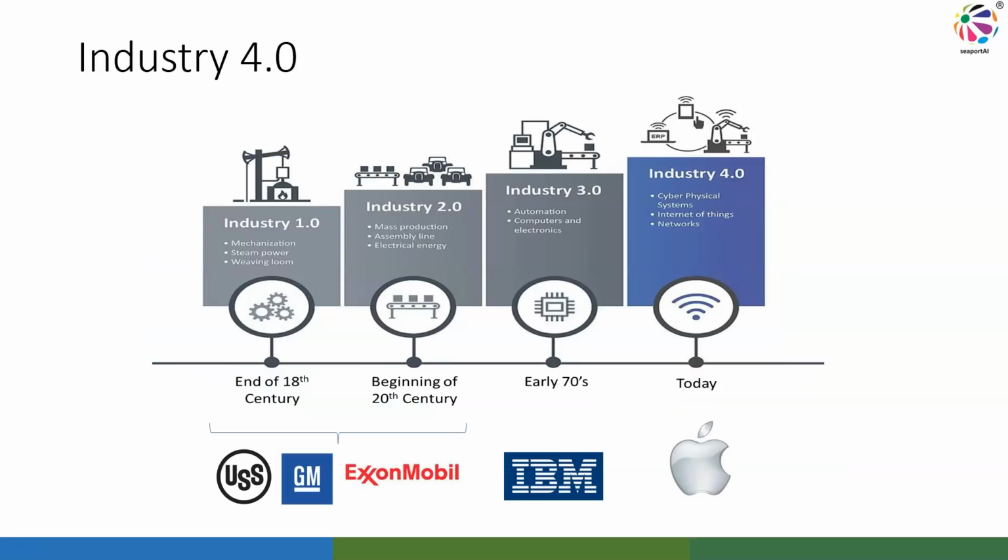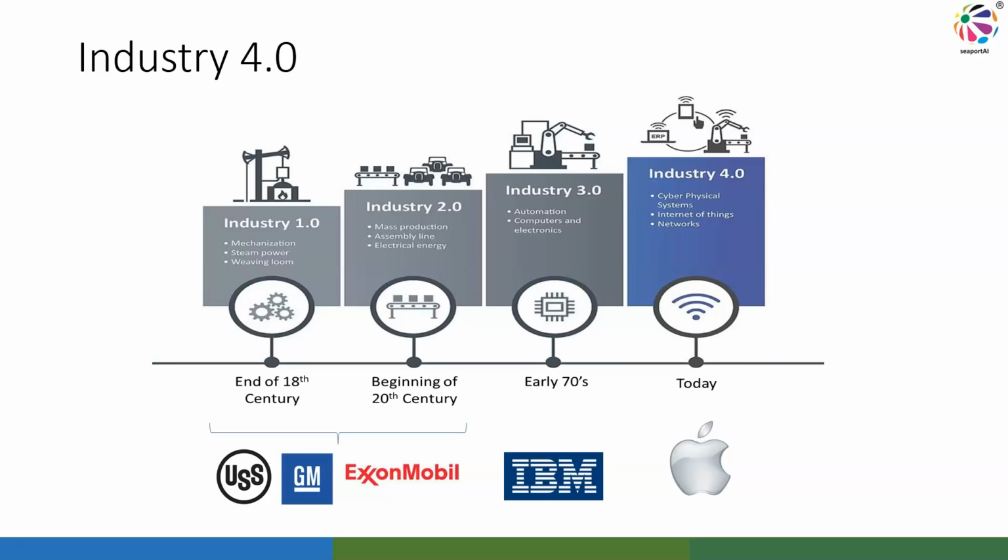If you see the biggest companies of the earlier eras, in Industry 1.0 and 2.0, they are really US Steel, General Motors, ExxonMobil. They're still around, but their market cap is not in the top 1 or 2 or 3. Industry 3.0 was dominated by the likes of IBM.